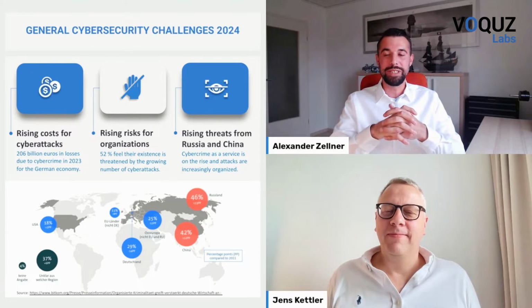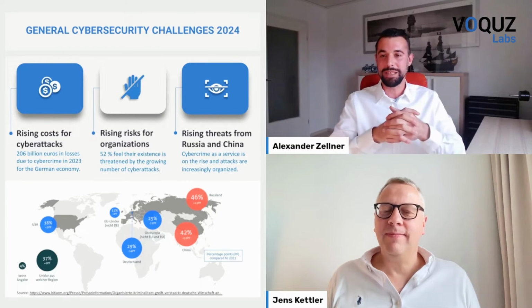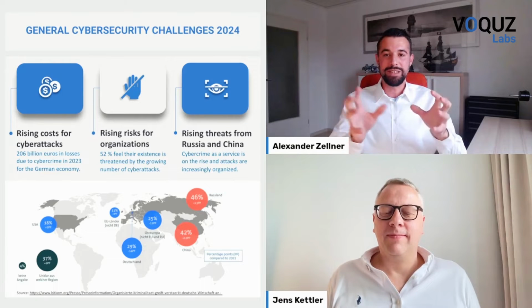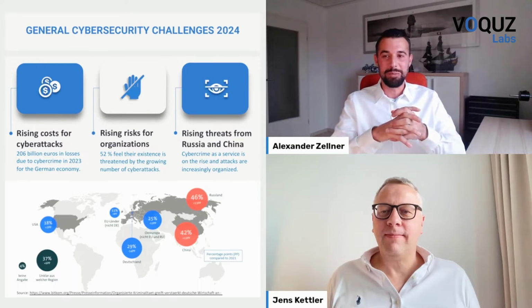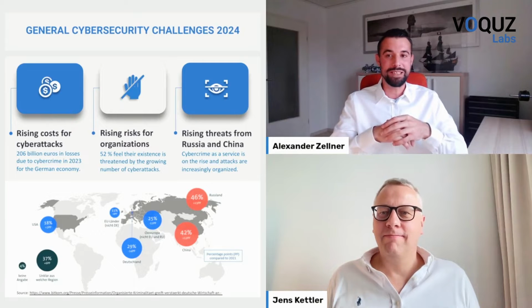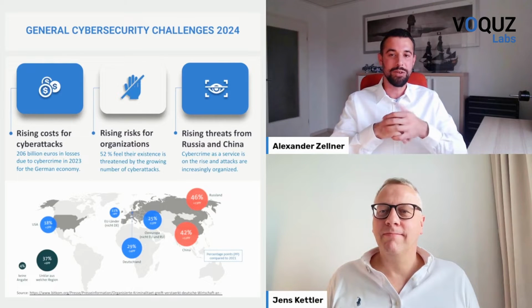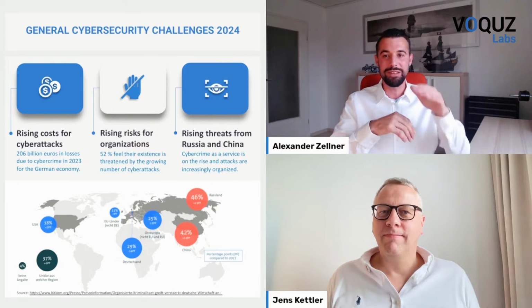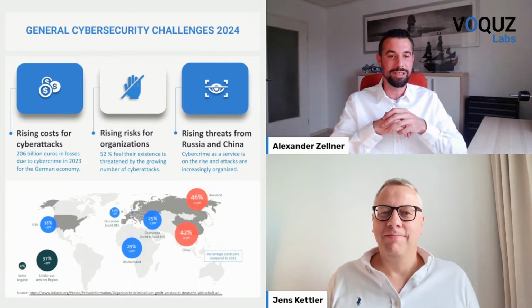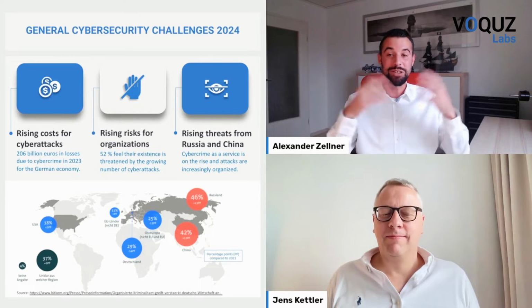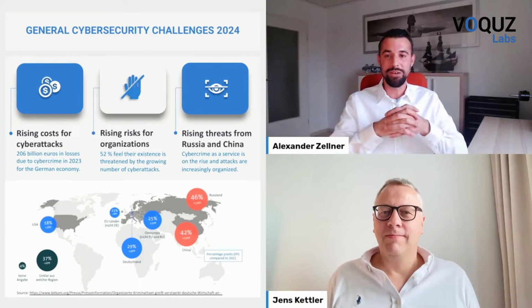And we can see in this research, it's also addressed by the BSI, and we just see some crazy numbers, in my opinion. The first topic is the rising costs for cyber attacks. So the third year in a row, we are above the line of 200 billion euros in losses, and that's a huge number. And we also have a rising fear within organizations.